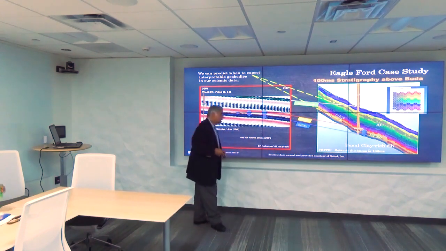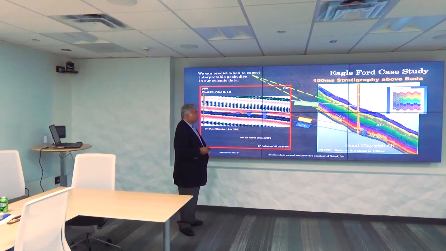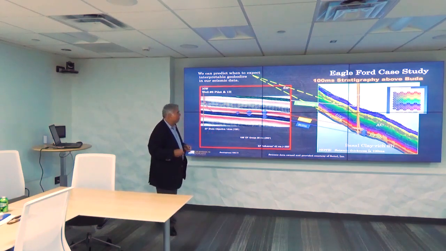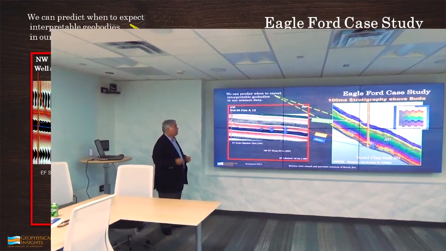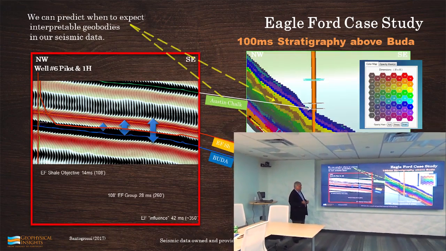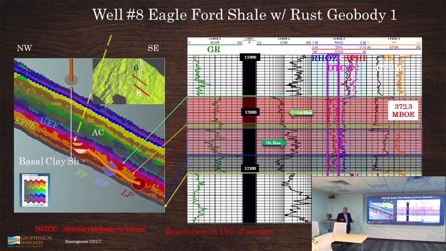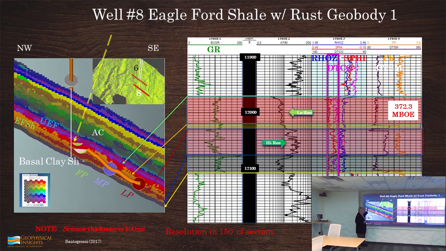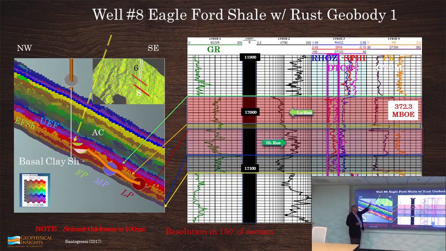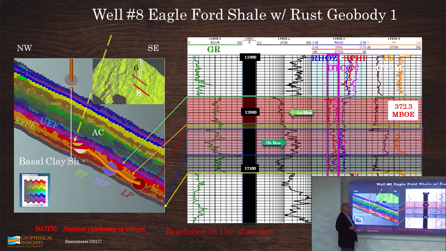All right, so what we have then is that this analysis was done with a colleague of mine, Patricia Santagrossi, who started to analyze this data, and because she had good well control and because she had some X-ray diffraction, things like that, she was able to calibrate what the unsupervised neural network was doing with the well information.